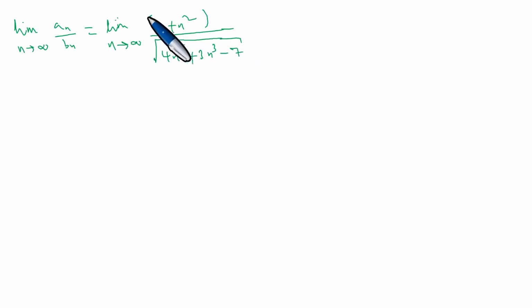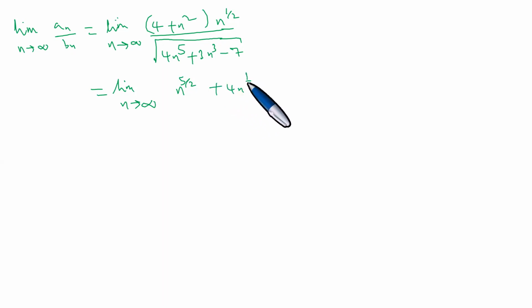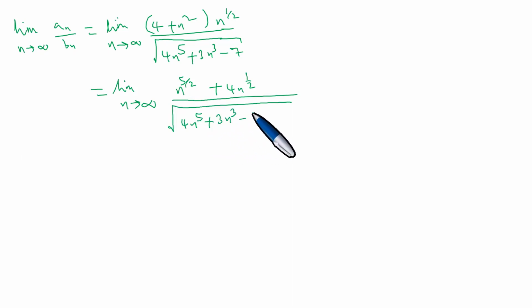Right, so this is therefore multiplied by n to the 1 half, or this is n to the 5 over 2 plus 4n to the 1 half, right, by the square root of this, 4n to the fifth power plus 3n cubed minus 7.